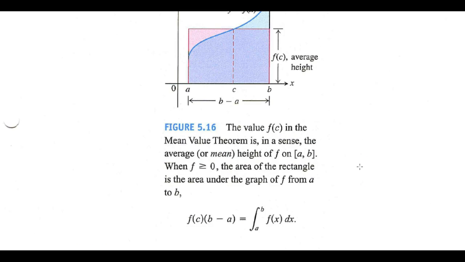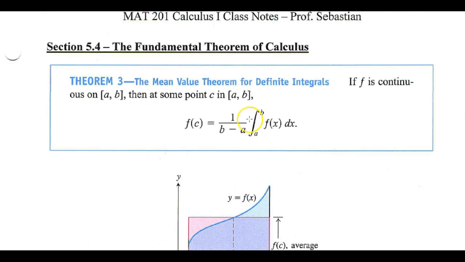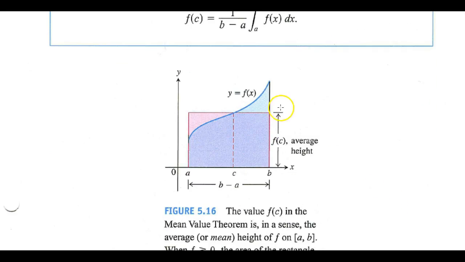Notice that I then can say, well, what does that mean? What it's saying is if I take this b minus a and multiply it on both sides, I have now f of c times b minus a. Well, what is f of c times b minus a? It's the area of this rectangle.